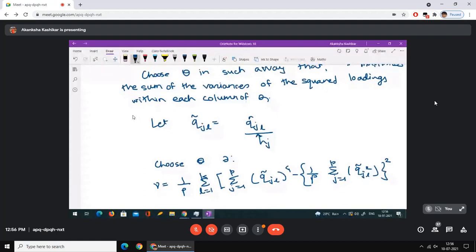So what is this? It looks complicated, but don't worry, it's not that complicated. That's what we discussed here, variances of the squared loadings.